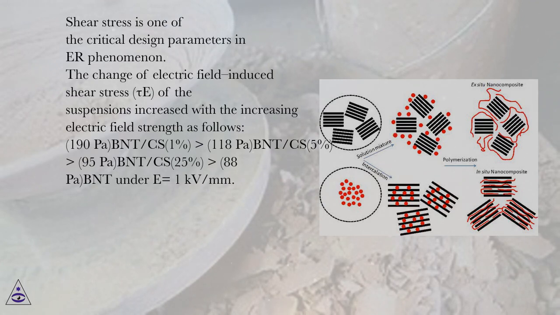The change of electric field-induced shear stress, tau E, of the suspensions increased with the increasing electric field strength as follows: 190 pascals BNT/CS 1% > 118 pascals BNT/CS 5% > 95 pascals BNT/CS 25% > 88 pascals BNT under E equals 1 kV/mm.